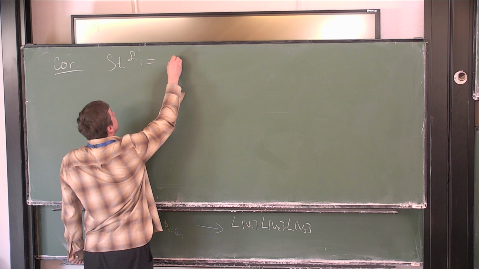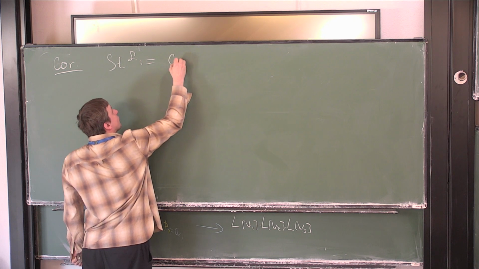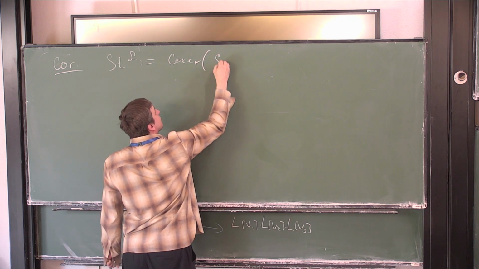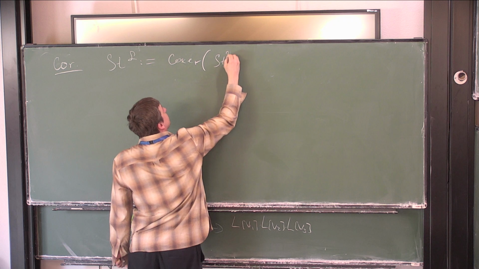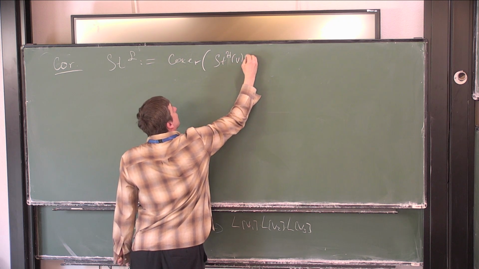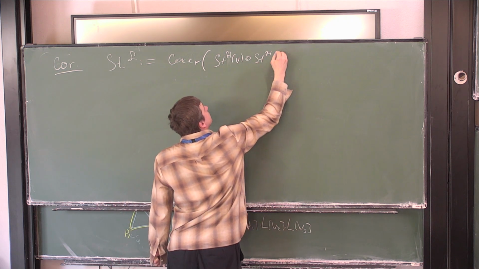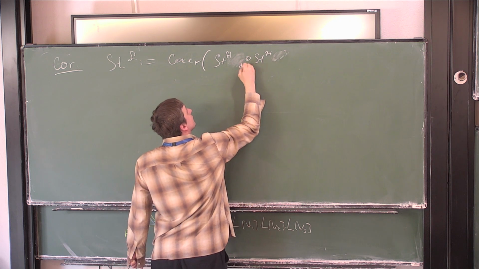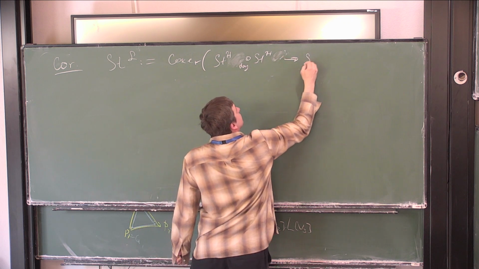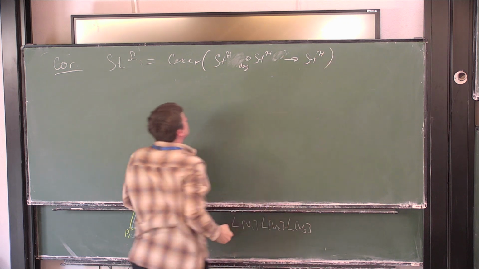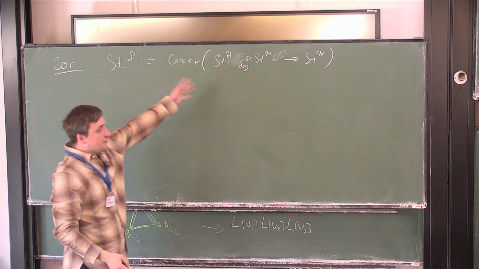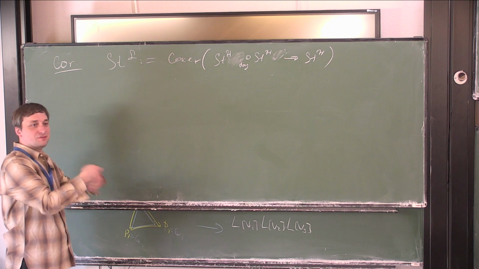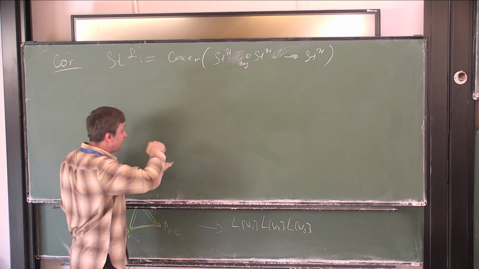This is the co-kernel of the multiplication map in Steinberg H, a convolution in Steinberg H, which you can write out explicitly. You just kill off all of the products, which in particular means all of the degenerate special configurations go away, which is quite nice.